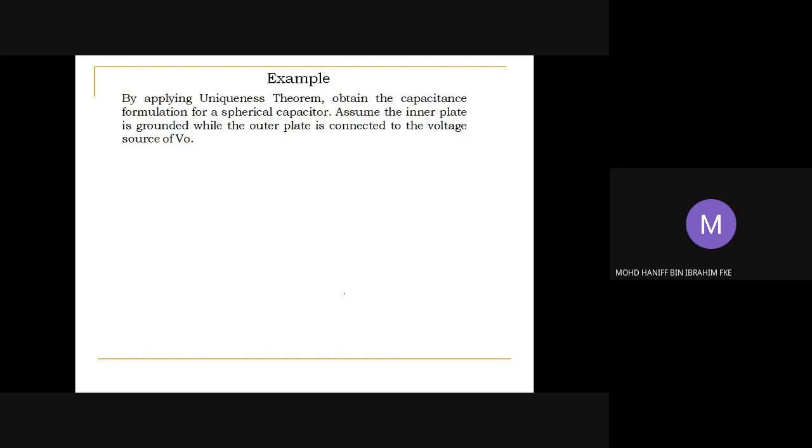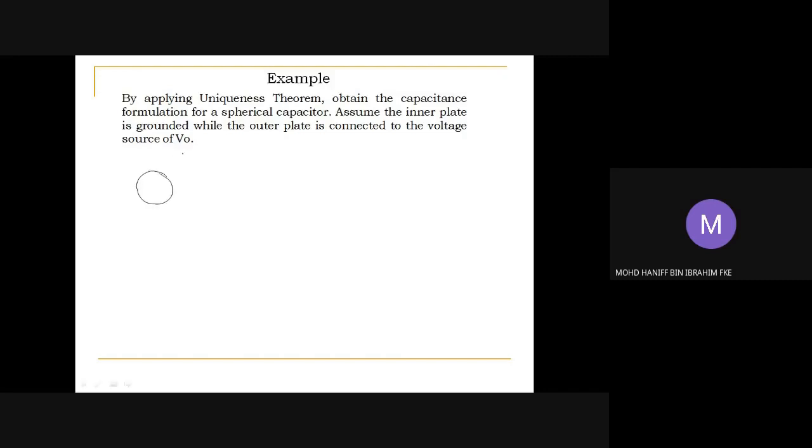So you have two options to find the capacitance or to formulate the capacitance formulation. But for this example, we are applying the Uniqueness theorem. We're going to show how this theorem can be used to formulate the capacitance for a spherical capacitor. Okay, so let us start with the capacitor structure.